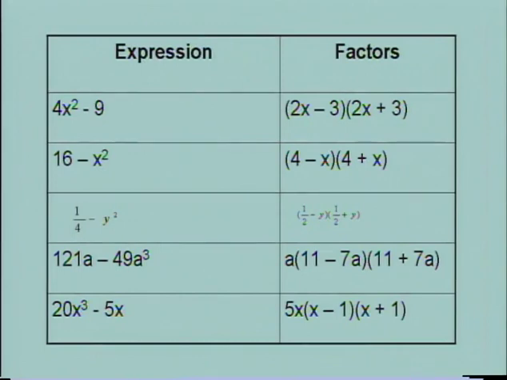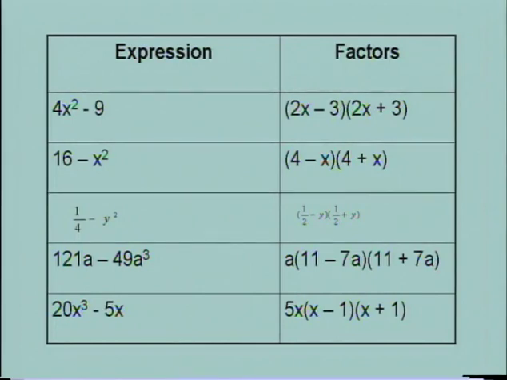If we take the square root of 9, we'll have 3. We can write the factors as 2x minus 3 and repeat that, but this time we'll change the minus to plus. So we'll have two factors. 4x squared minus 9 can be factorized as 2x minus 3 times 2x plus 3.